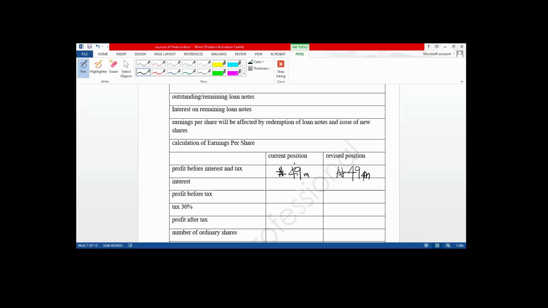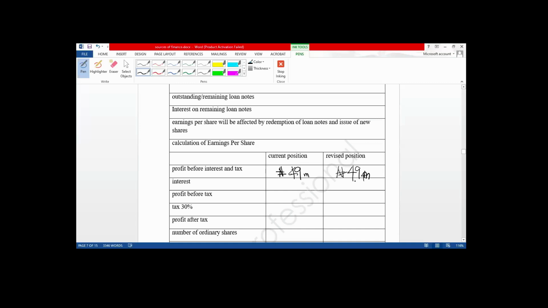Issuing more shares to repay debt is a financing activity that will not affect your operating profits. That means our operating profit, which is the profit before interest and tax, is not affected by the decision to issue more shares and repay the existing debt. 49 million, 49 million.